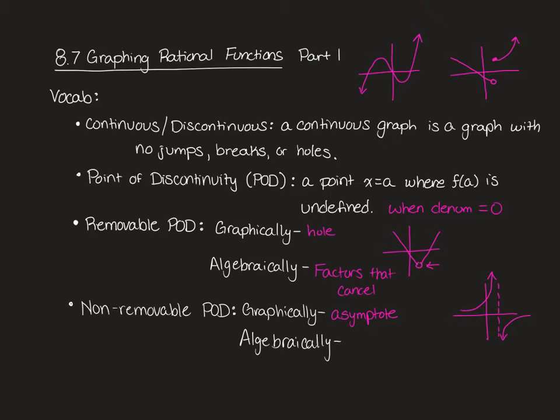In our equation, it's the factors in the denominator that do not cancel. Okay, we cannot remove them from the equation. Non-removable points of discontinuity. Okay, so these are some vocab words that we are going to work with in this section.